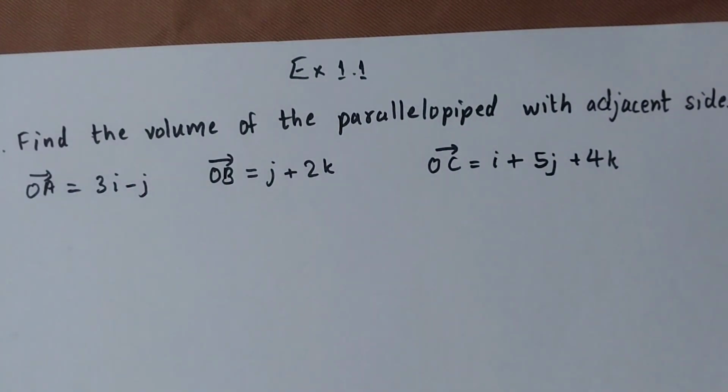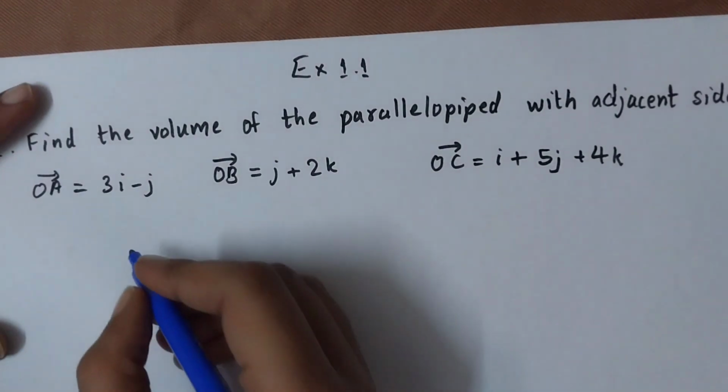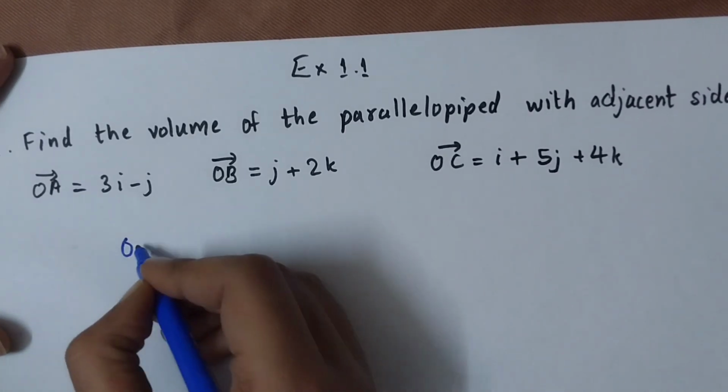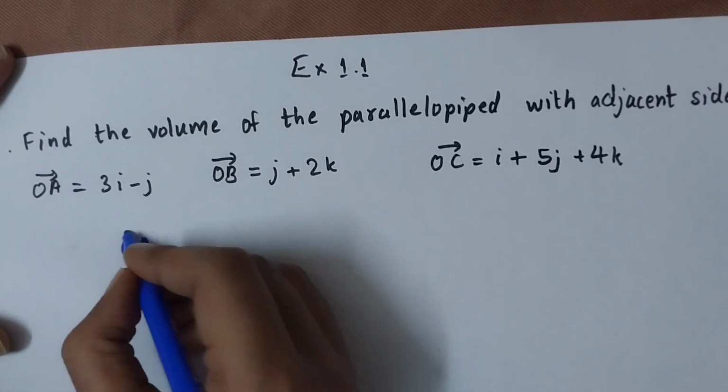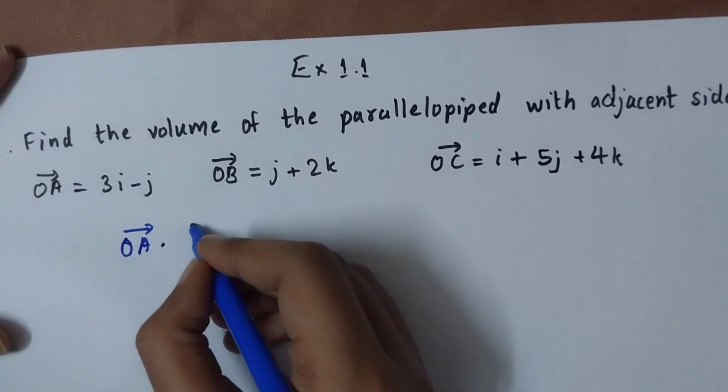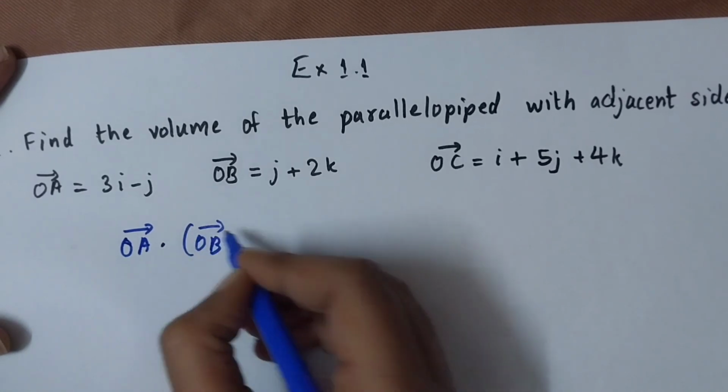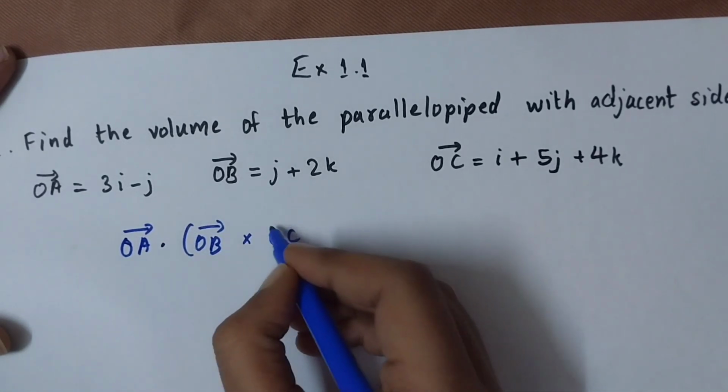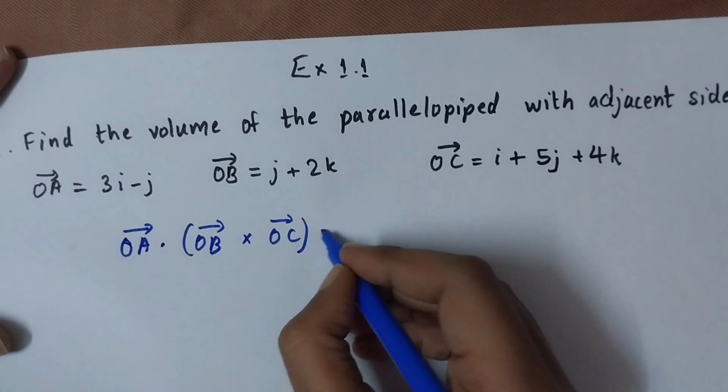Now we have to find the scalar triple product, OA dot OB cross OC. This can be written in the determinant form.